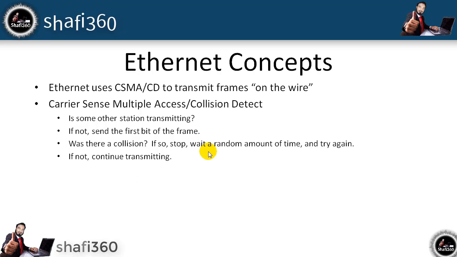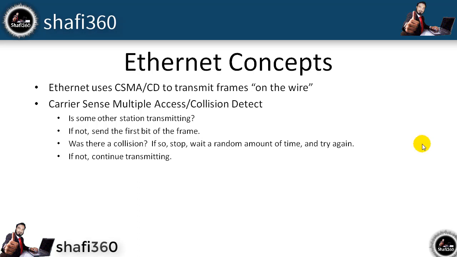This sounds unwieldy, but all this happens in a matter of milliseconds or microseconds, so you don't see any degradation in performance from these collisions unless there are hundreds and hundreds of them, like if you have a duplex or speed mismatch on a port, or a collision domain so huge, with 5,000 computers, that nobody can talk because all the broadcasts are always colliding with each other.